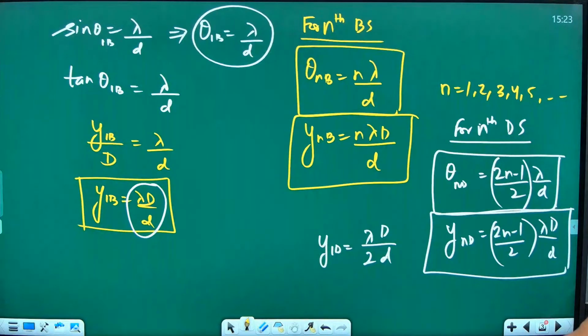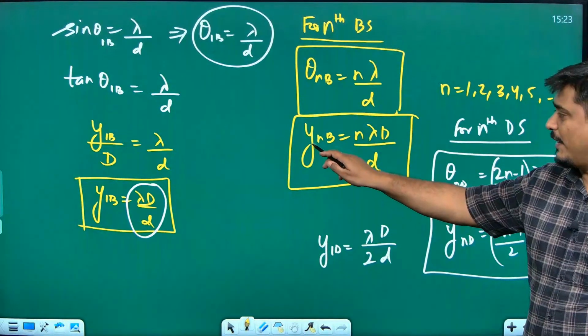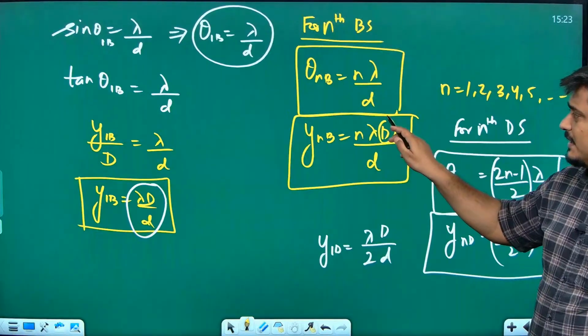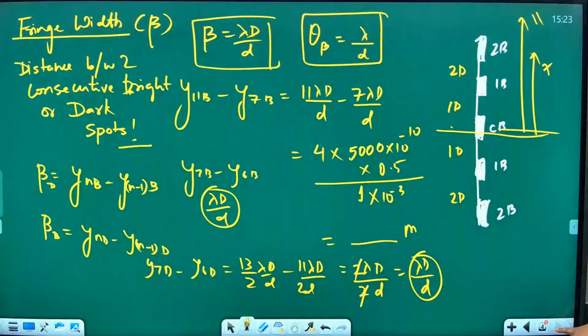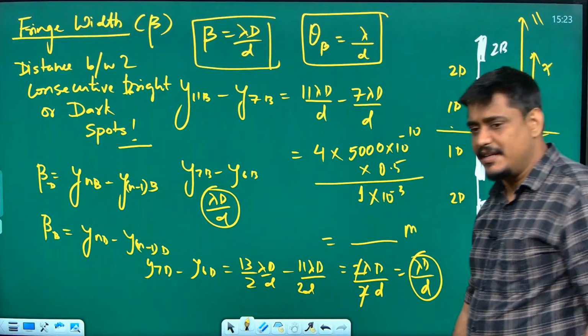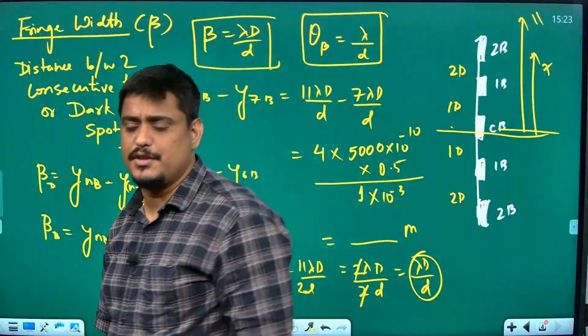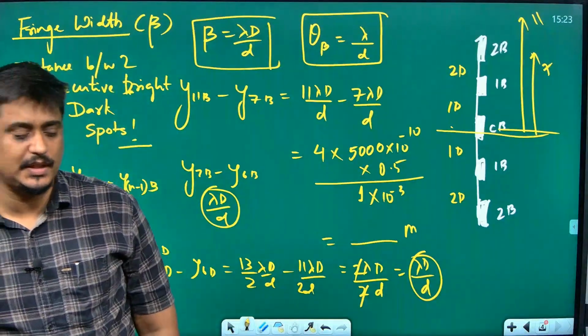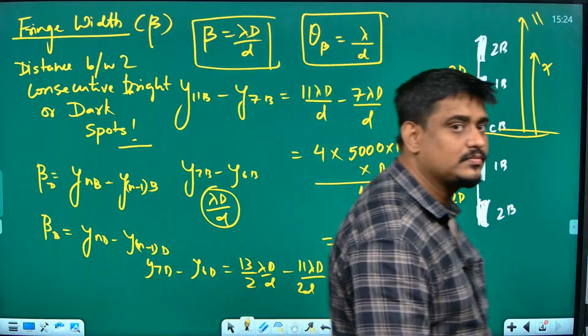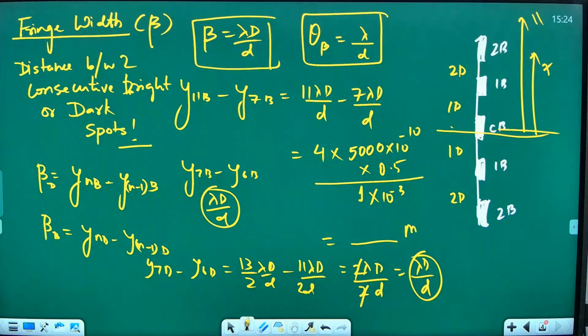When I am finding y, I have this capital D. When I am finding theta, this capital D is not there. So the fringe width formula is lambda D by d, and angular fringe width formula is lambda by d. Is it clear to you? I hope you are understanding. Is there any clarity needed?